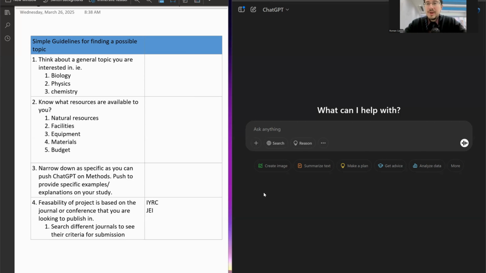Are you an AP biology student? Are you in middle school? Are you an undergrad? Because that can trigger ChatGPT to refine it enough and make it complex enough to meet your needs, right?